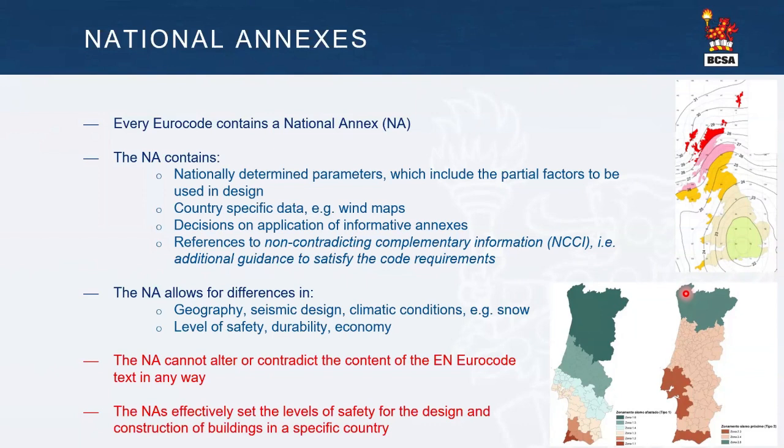Now, what the national annex cannot do is to modify or cancel content of the Eurocode part itself. So it just gives the country-specific application scope, let's say. And effectively, it sets the levels of safety and reliability in a specific country.